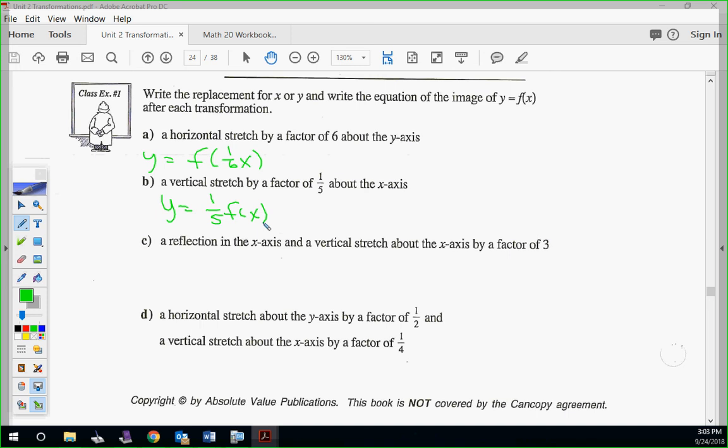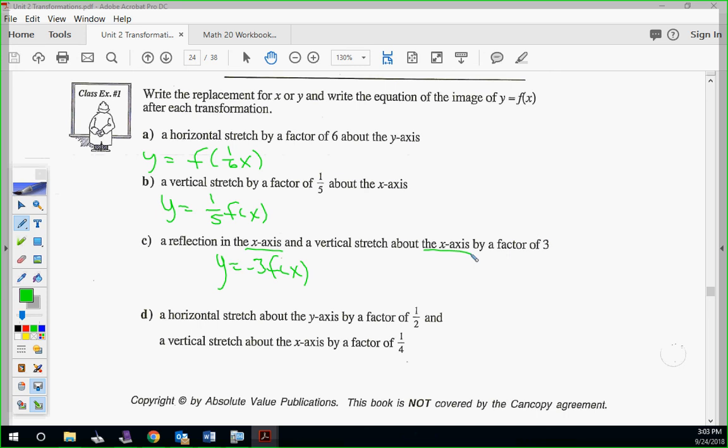So we already did this one today. Negative 3f of x. So the negative 3 tells you the reflection in the x-axis is important because that's telling you it's going to be happening to the same thing for the vertical stretch. See how they're both happening within the x-axis? So that means they're similar in their spot.